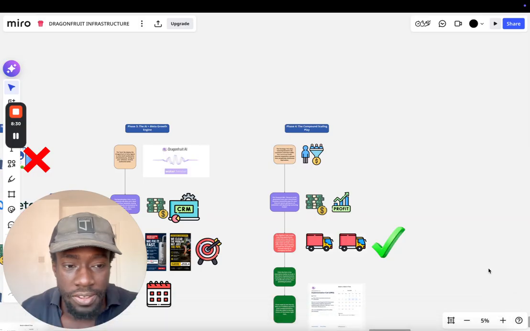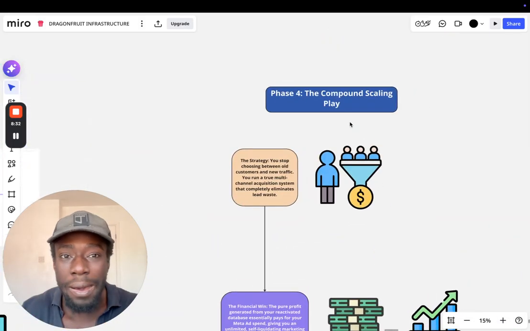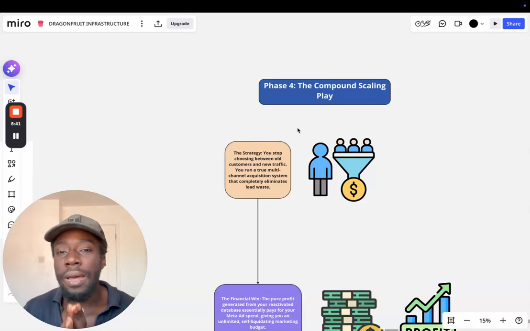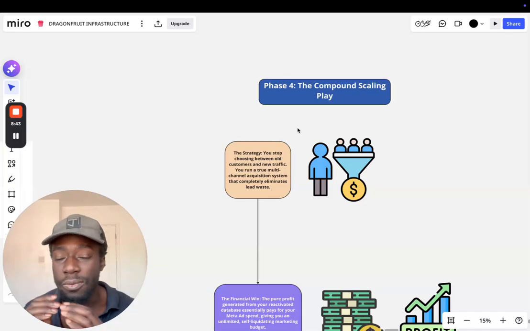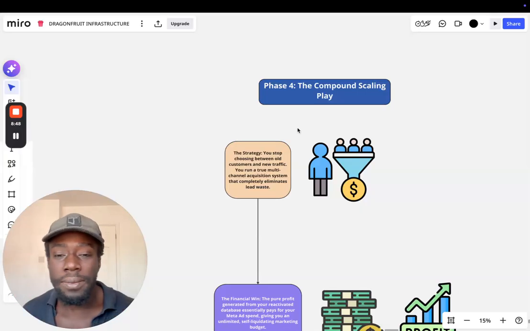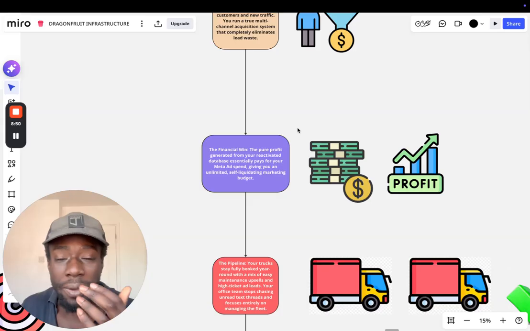So this leads to the compound scale play, right? The compound scaling play. You stop choosing between old customers and new traffic. You run a true multi-channel acquisition system that completely eliminates lead waste, right? And again, why are we doing this?